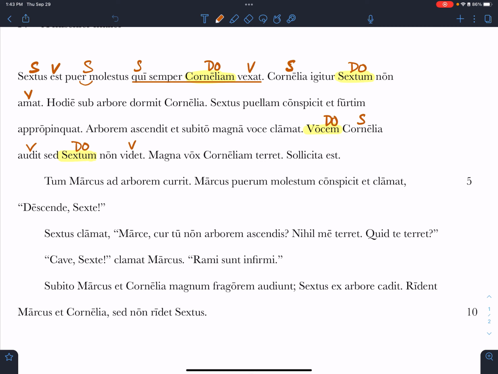All right, so I'm going to be checking for 3 things here. Did you mark it up? Did you translate? And did you make that list of subjects and direct objects? I'm looking for your markup, your translation, and that list of subjects and direct objects. Is there any question? No?